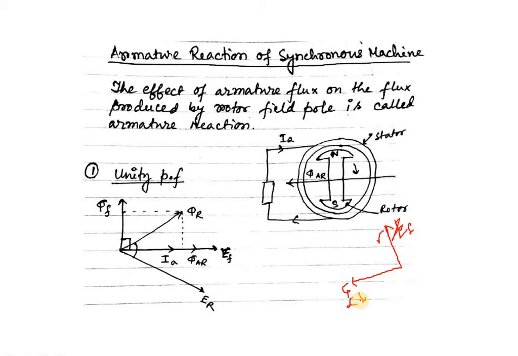But when the synchronous machine is loaded with a lagging power factor load, the armature current IA will be in this position. Here it will be IA, and phi A will also be in this same direction.